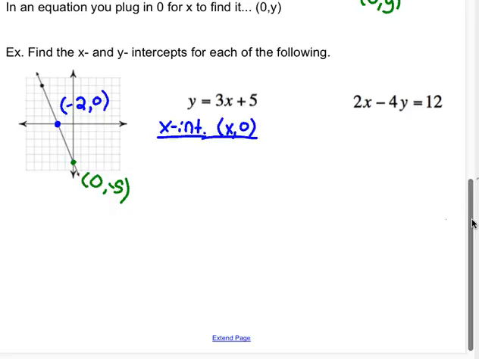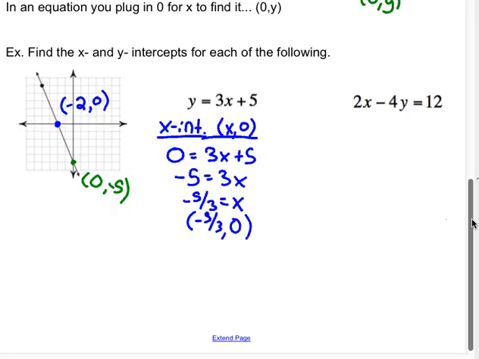So what that means is to find it when you have an equation, you're going to plug 0 in for y. So just plug 0 in for y and now solve. So I'm going to subtract the 5, divide by 3. So my x-intercept is at (-5/3, 0).